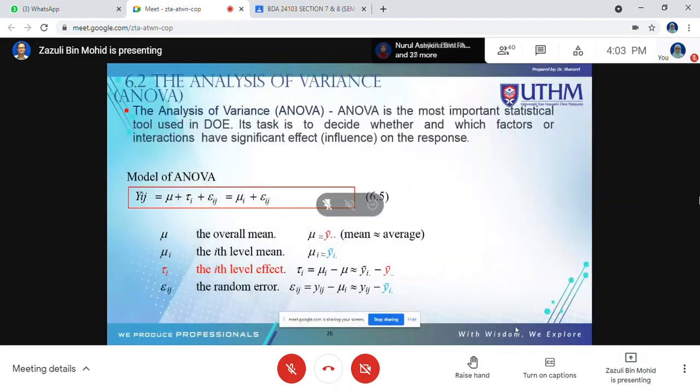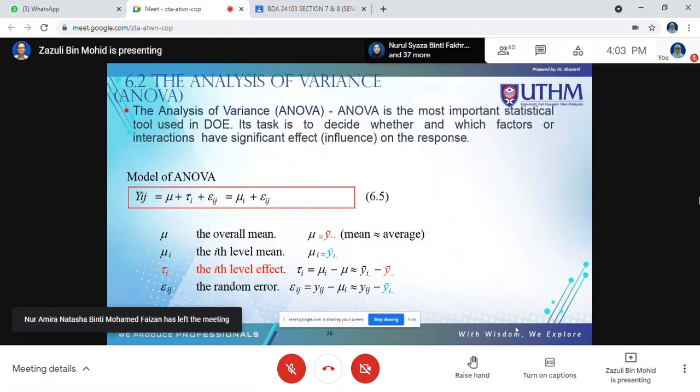so this is in our statistics, introducing the ANOVA. It just started one year before. There are 3 or 2 semesters. Okay, students are already introduced to this ANOVA.